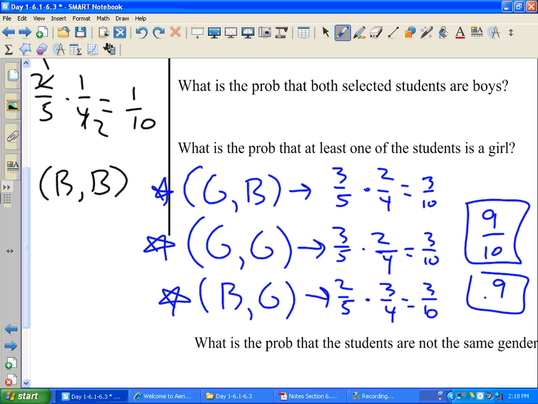So instead of doing all this work over here in blue, couldn't I have done this? 1 minus boy, boy. And wouldn't that give me that answer? Because isn't that a complementary event? And didn't I have that calculation already done for me? So couldn't I have gone 1 minus 1/10 up here? It's a match. Multiple ways to get the same answer.